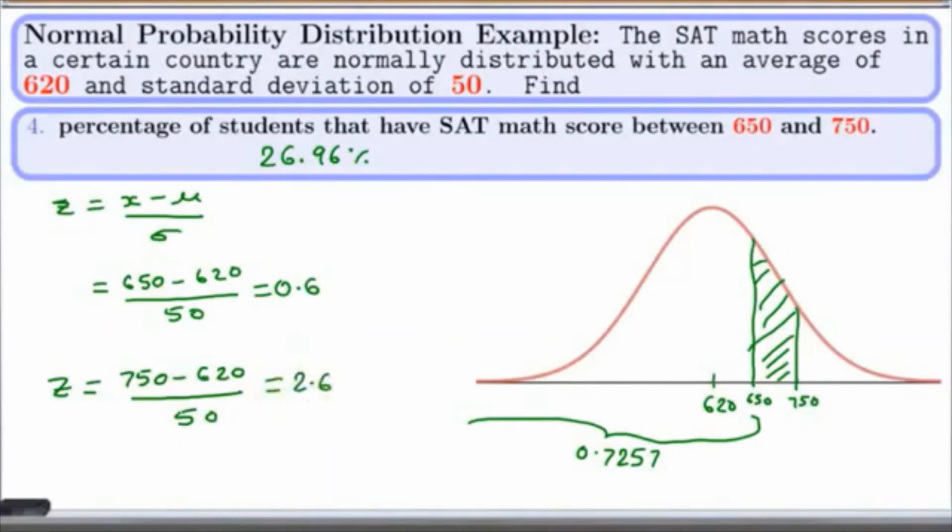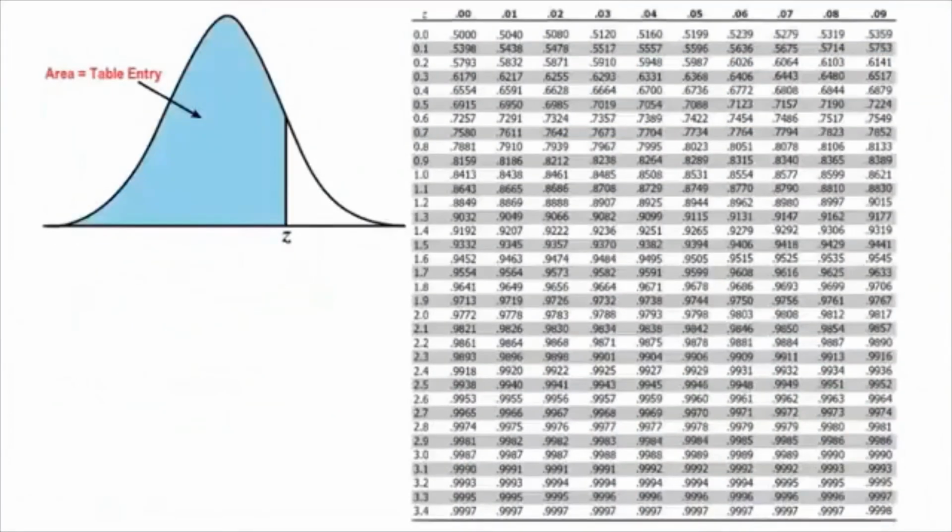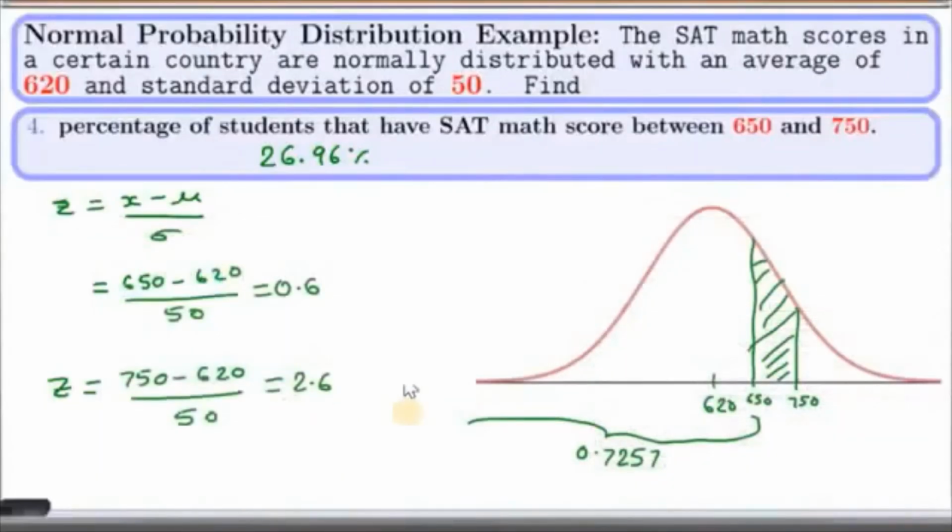We'll be looking at the row of 2.6 and the column of 0.00, which is this one, 0.9953. So this is the area to the left of 750, basically this area here: 0.9953.